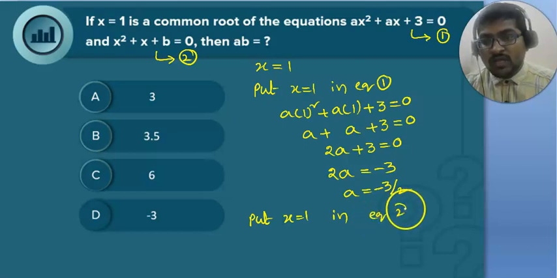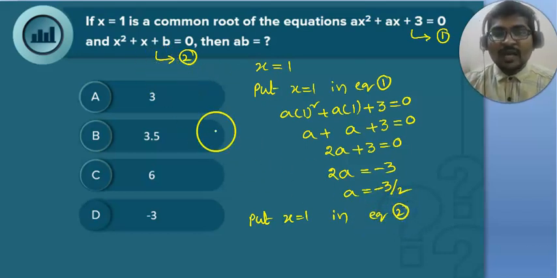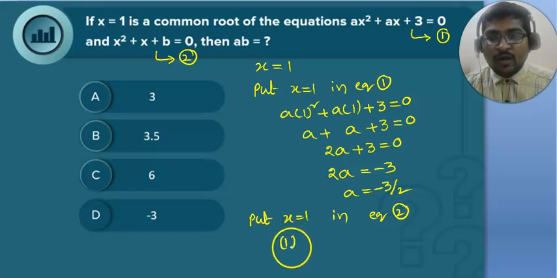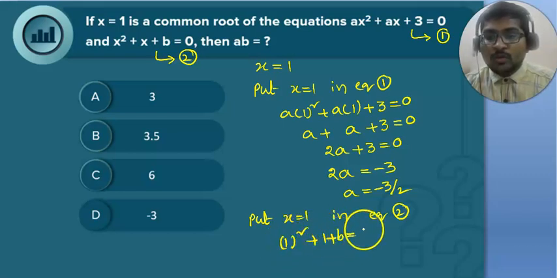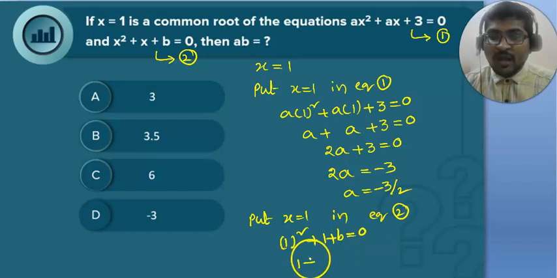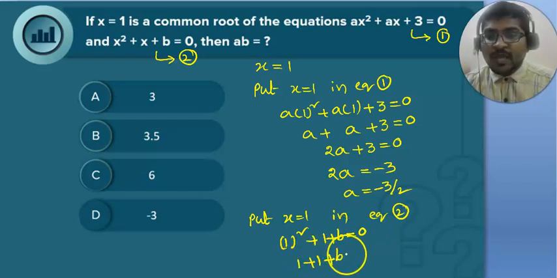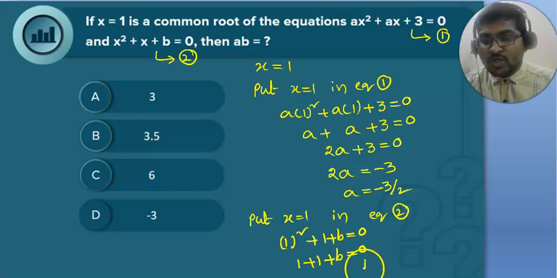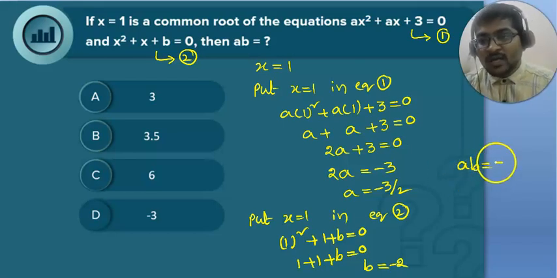Then equation 2 becomes 1 square plus 1 plus b is equal to 0, right? 1 square is 1, plus 1, plus b equal to 0. From this expression, b is equal to -2. Then calculate ab: a value -3 by 2 into b value -2.